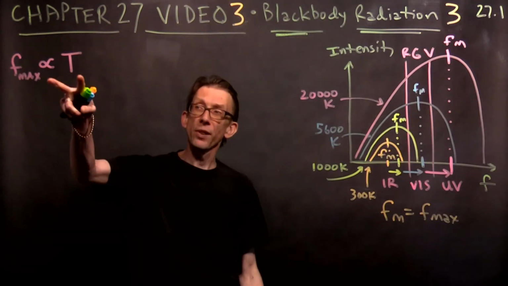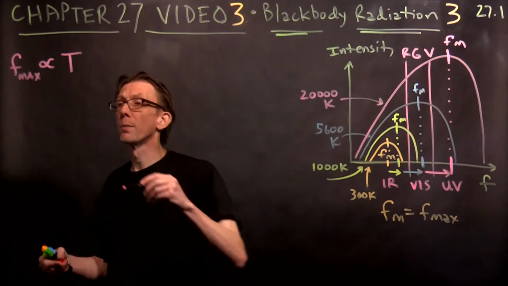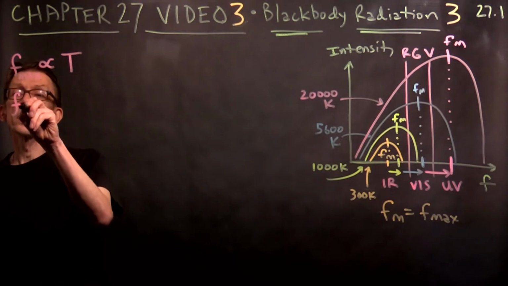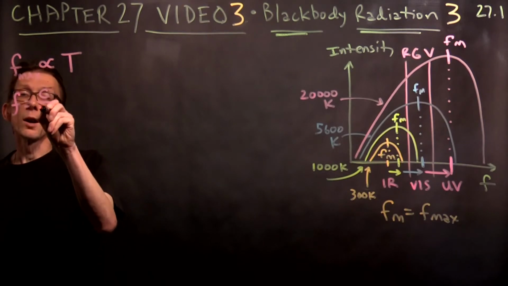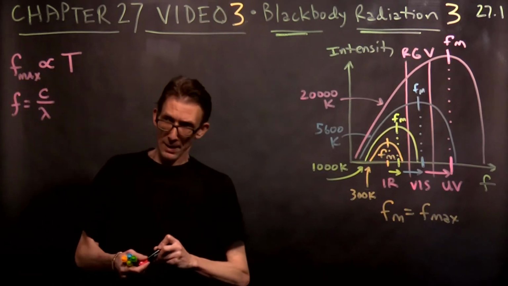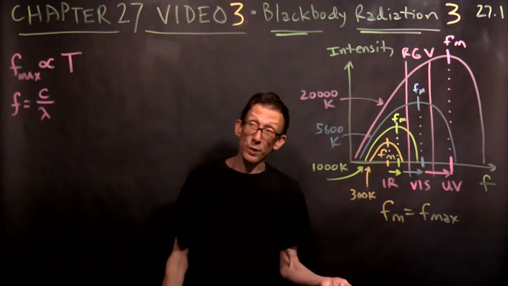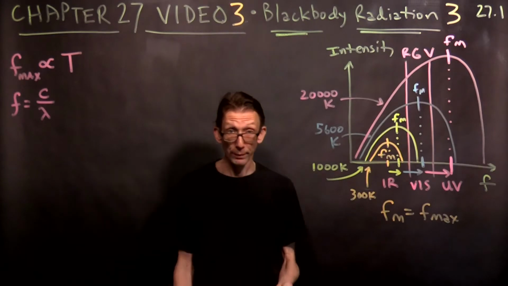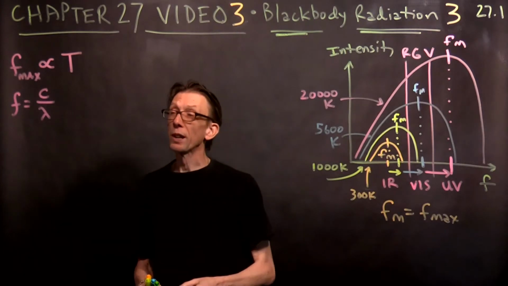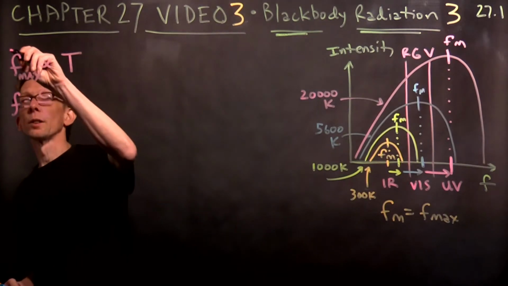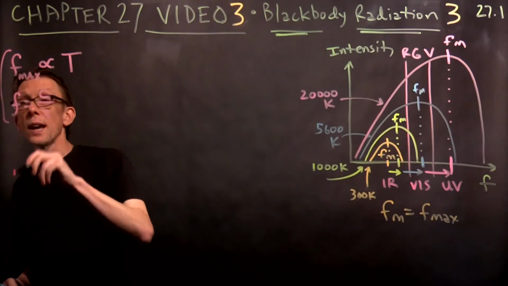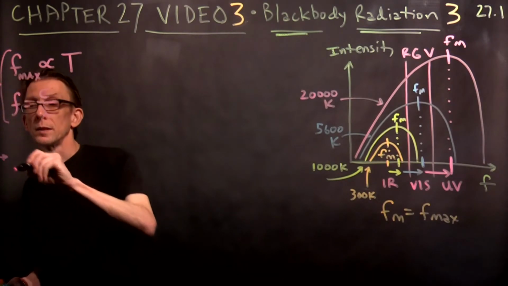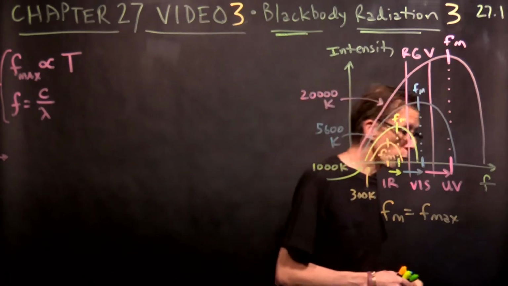Now, this is not quite enough information. I want you to remember that in general, frequency is c over lambda. That's how frequency, the speed of light, and lambda, wavelength, are connected. We can combine these two facts together to get what we call Wien's displacement formula.